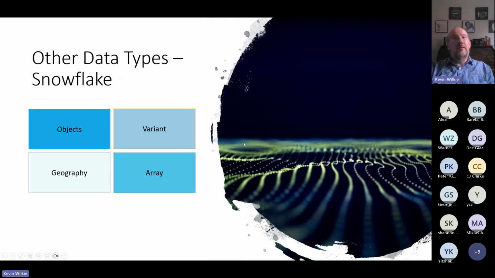On Snowflake, we have a little bit of different things as well. We have objects. Yes, that is what we think of in C# as object-oriented programming. You can use that in Snowflake as well. We have variants, so you can pretty much shove whatever you feel like in there and work with it from that point.